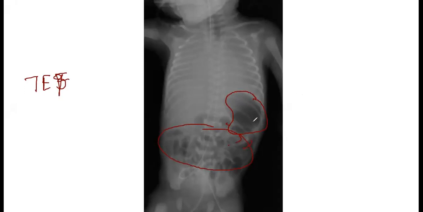So we can see that the gas is present in this baby's stomach, and we can confirm it by doing an X-ray, and we can find this gas in his stomach only in the condition when the trachea is connected with the lower part of the esophagus.